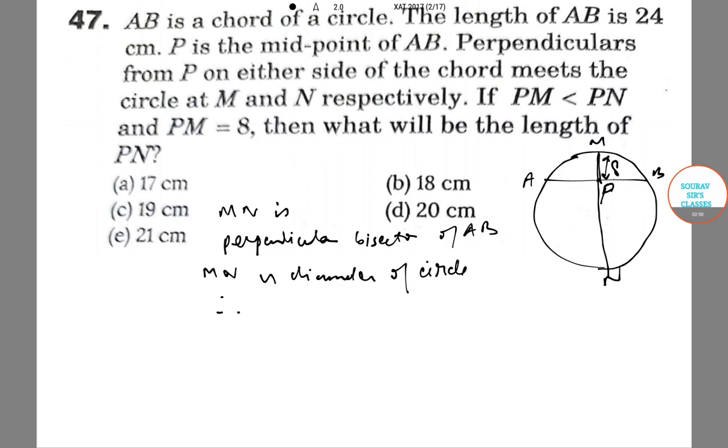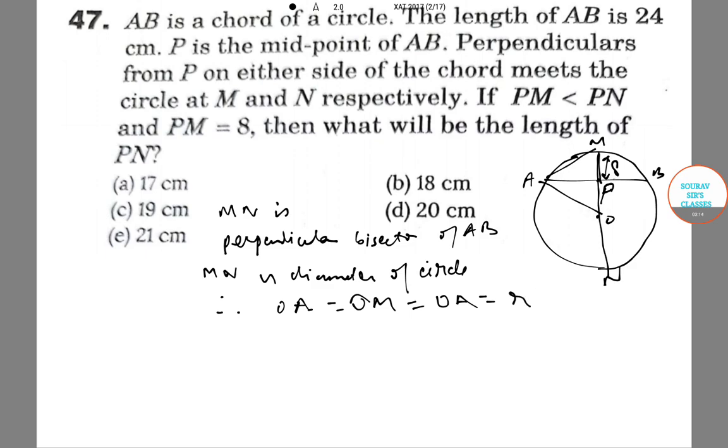Hence, let the center be O. So OA is equal to OM is equal to ON, which are the radii of the circle, and let this be equal to R.